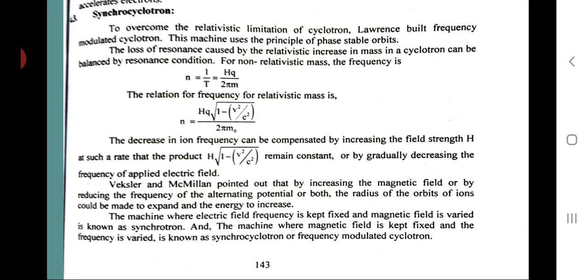The relation for frequency of relativistic mass is n equals Hq under root of 1 minus v square upon c square divided by 2 pi m0, because m is replaced by relativistic mass, m0 divided by under root 1 minus v square upon c square.